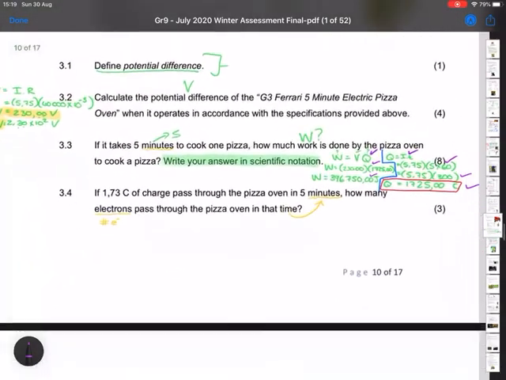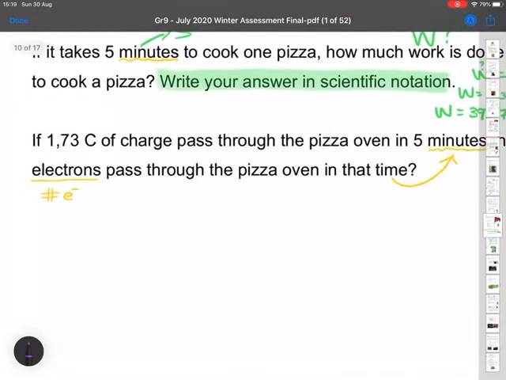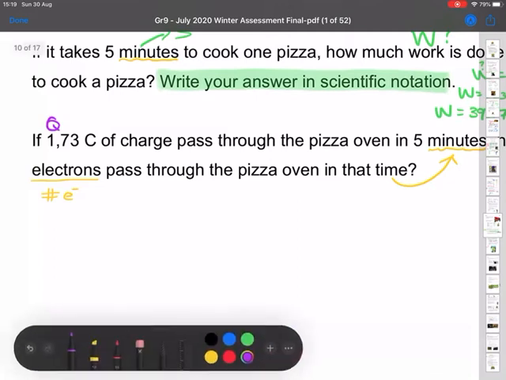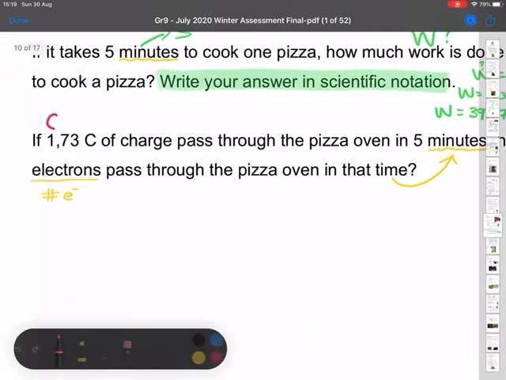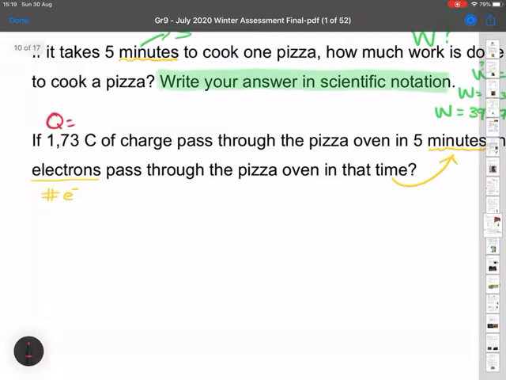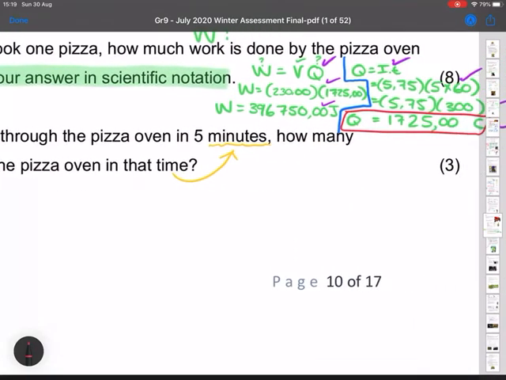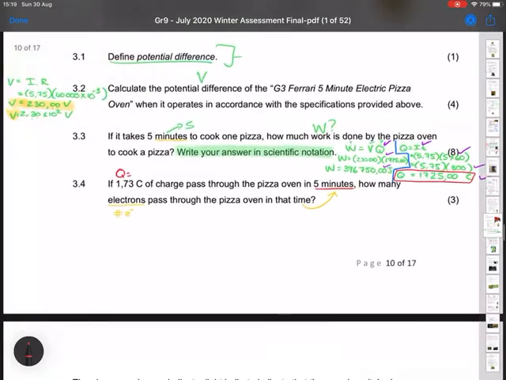8 marks done. If 1.73 coulombs of charge, so that's your Q, pass through the pizza oven in 5 minutes, remember, convert to seconds. How many electrons pass through the pizza in that time? It's a very similar question in your notes. So we've got a Q of 1.73 coulombs.